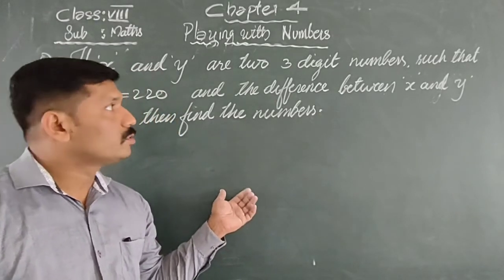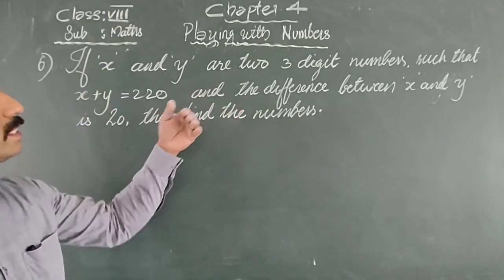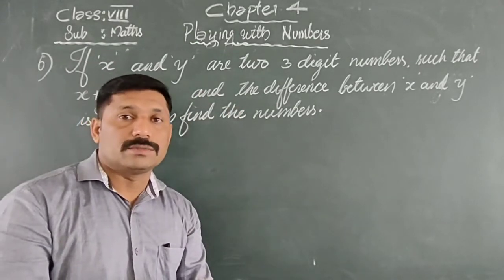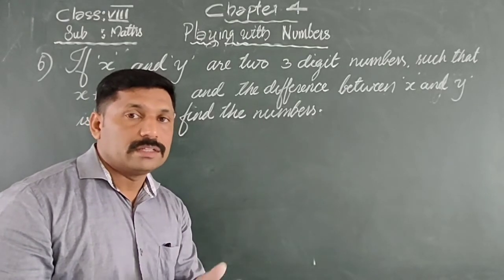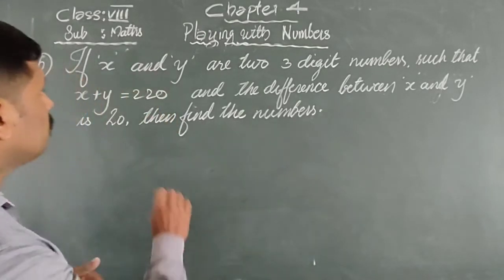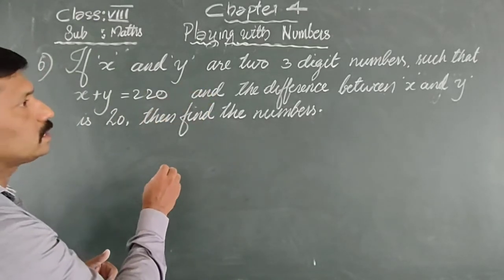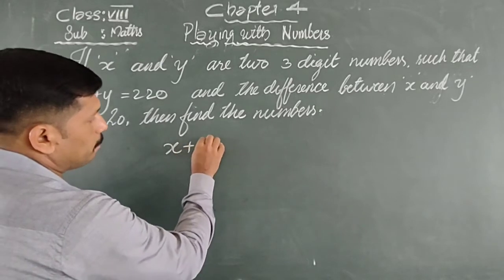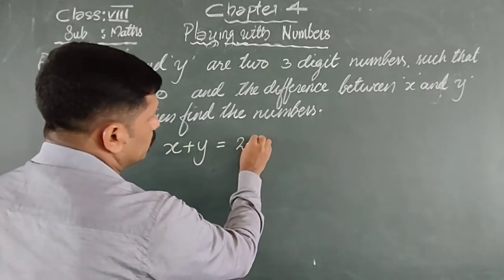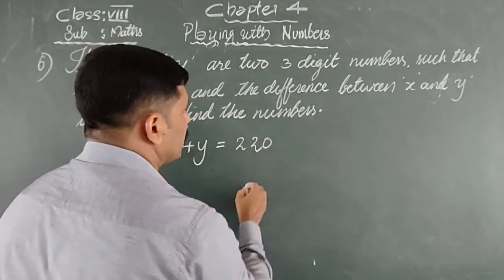That's the question. So here the sum of the two numbers and the difference of the two numbers we know. And these two numbers have 3 digits. So here the sum of the numbers, X plus Y, is equal to 220, and we take it as equation 1.